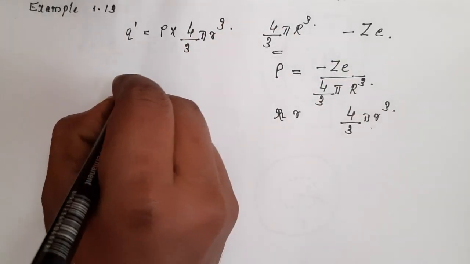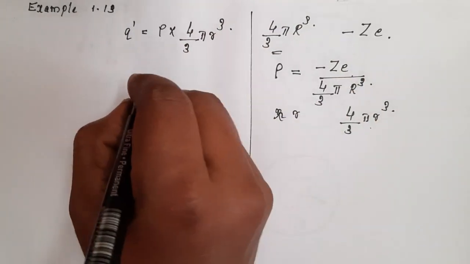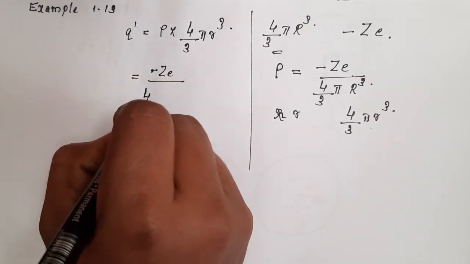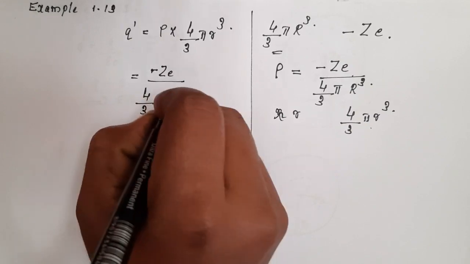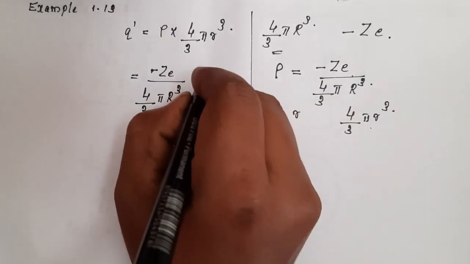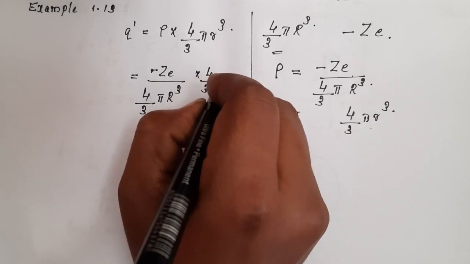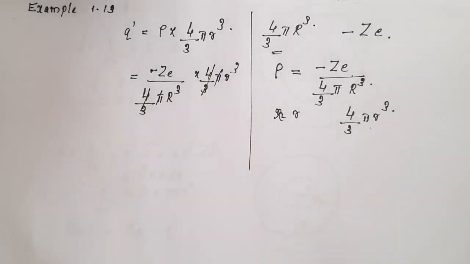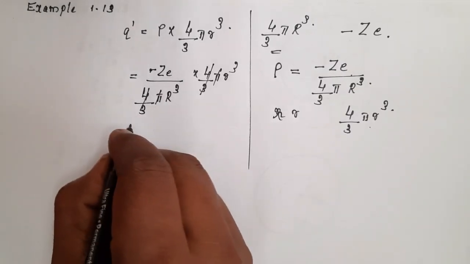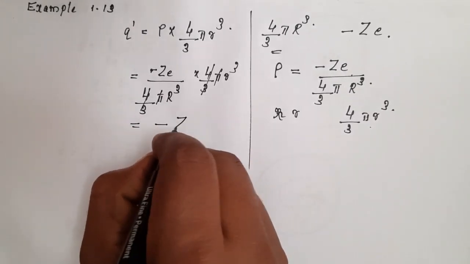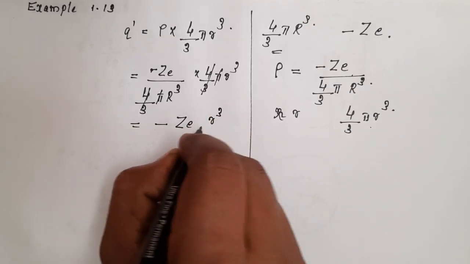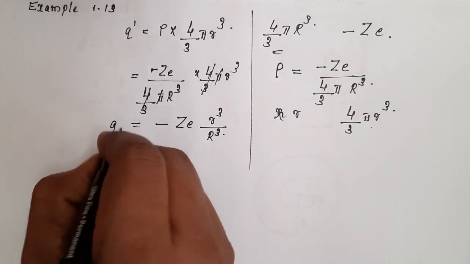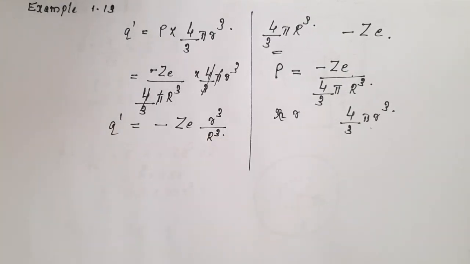So you just substitute for that rho. So rho is minus Ze divided by 4 by 3 pi capital R cube, into 4 by 3 pi small r cube. The 4 by 3 and pi in the numerator and denominator get cancelled, and you will have minus Ze into small r cube by capital R cube. That is the negative charge enclosed by the Gaussian surface.